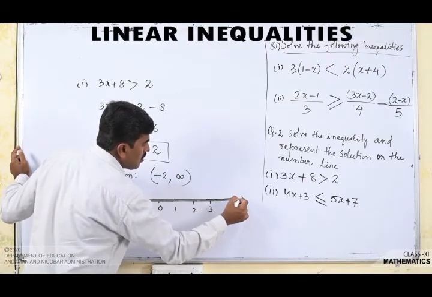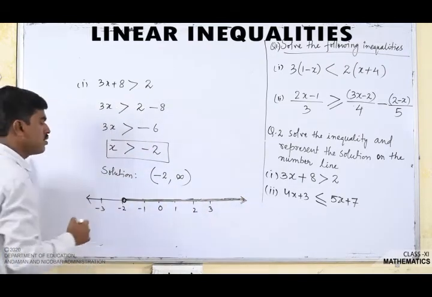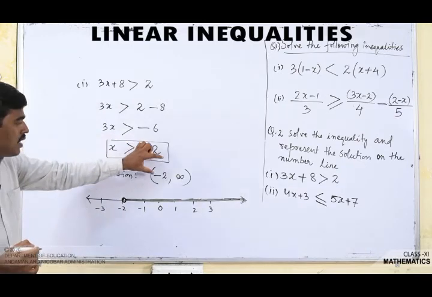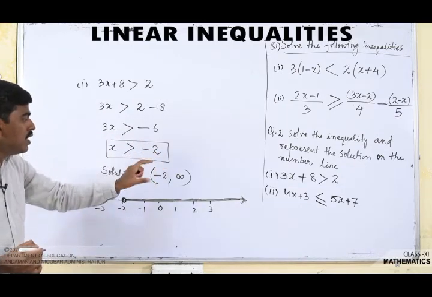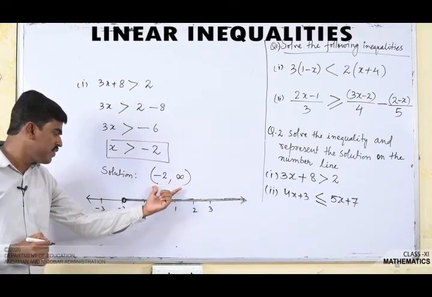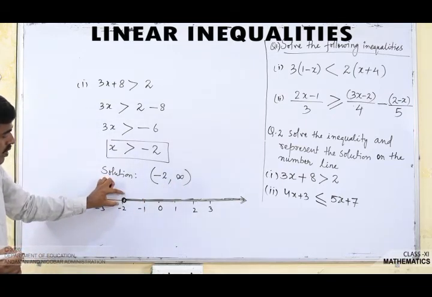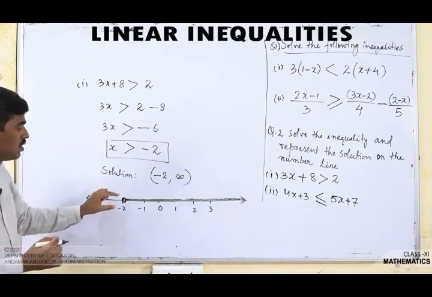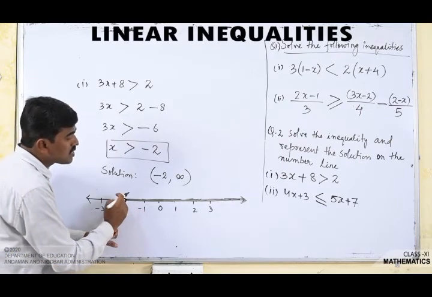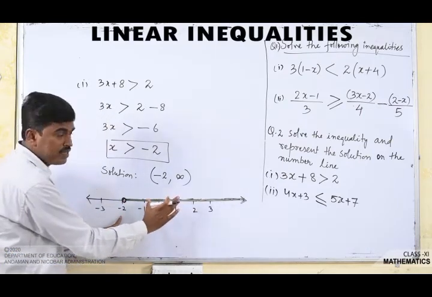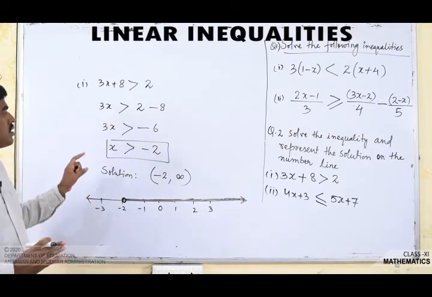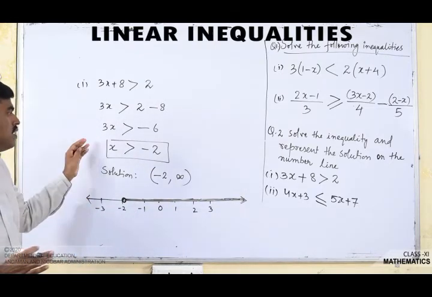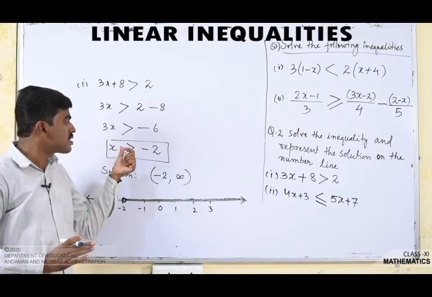So in this way we have to represent the solution on the number line as −2 is not included, it is open interval (−2, ∞). So here we have to make a small open circle, that is −2 is not included, and shade the region which is greater than −2 on the number line. Okay. So once again you have to solve the inequality, then find the value of x, that is x > −2.